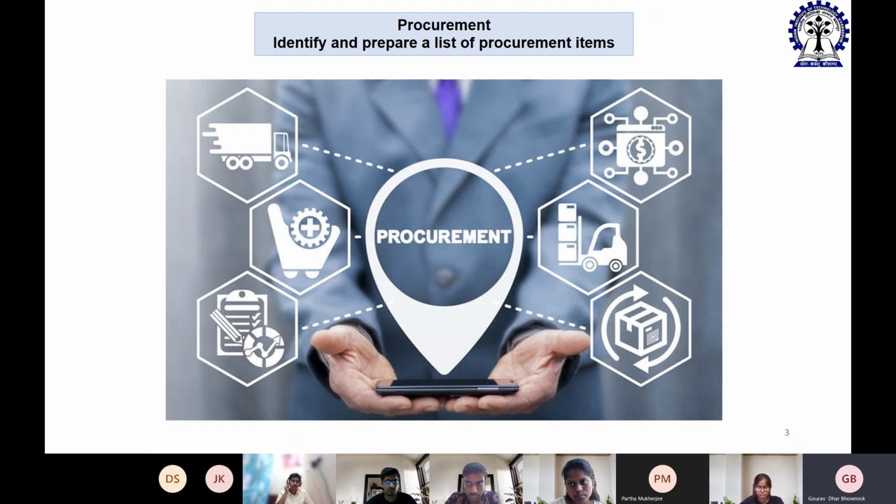In order to procure the materials, you first have to identify what items you need. In this particular case, can you tell me what the basic raw materials are that we need to procure before starting an aquaponic system?